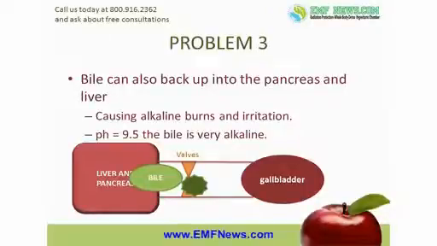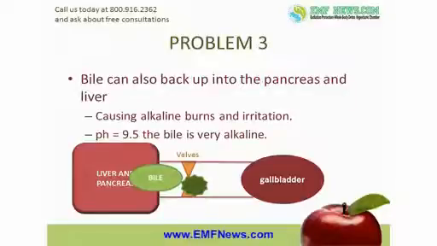If a small stone finds its way into one of these valves, the valve can get stuck in the open position. If this happens, then every time the gallbladder contracts to squeeze the bile into the small intestines, it can also squeeze the bile into the pancreas and the liver, causing caustic alkali burns and irritation.